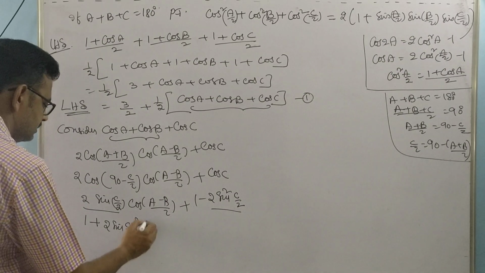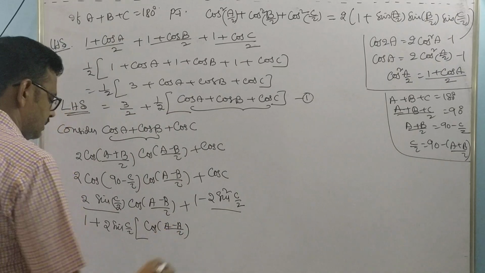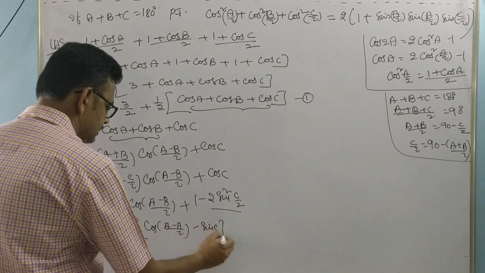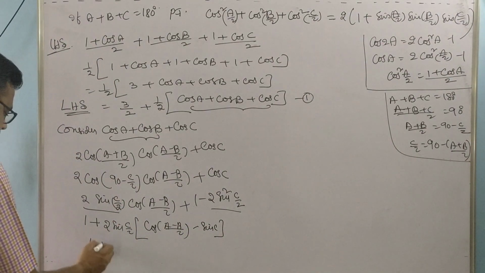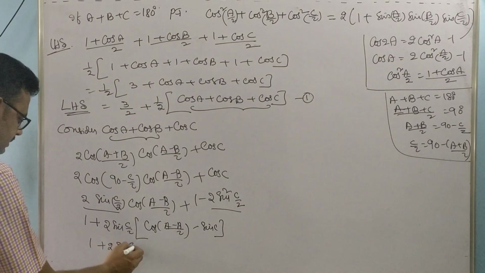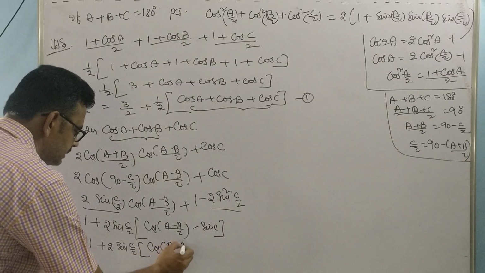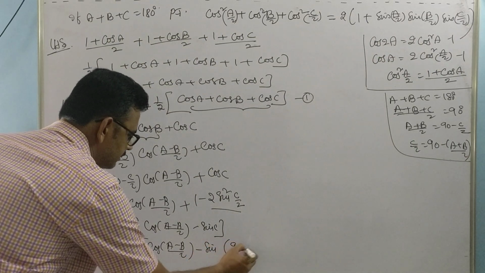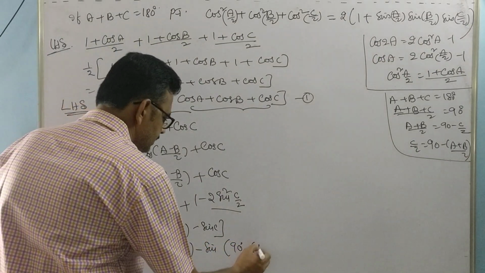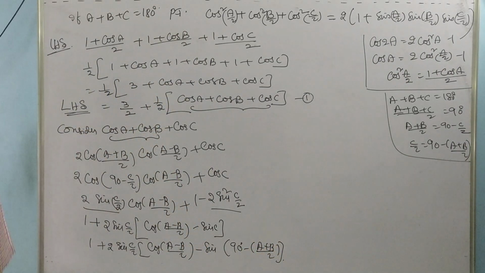So this is cos of (A minus B) by 2 minus sin C by 2. So this is 1 plus 2 sin C by 2 into cos of (A minus B) by 2 minus sin C by 2, and sin C by 2 can be written as sin of 90 degrees minus (A plus B) by 2.